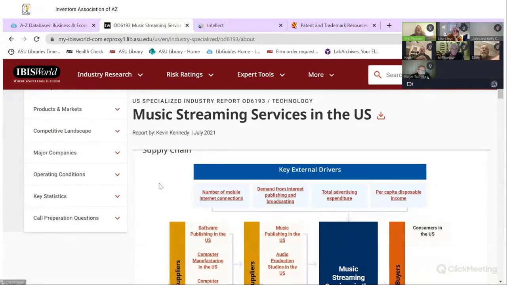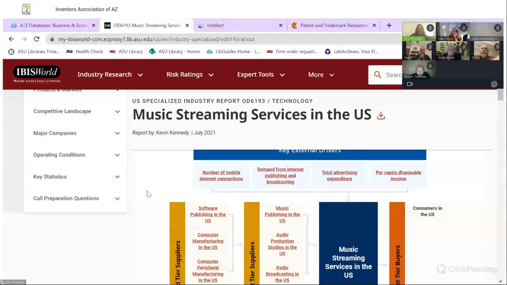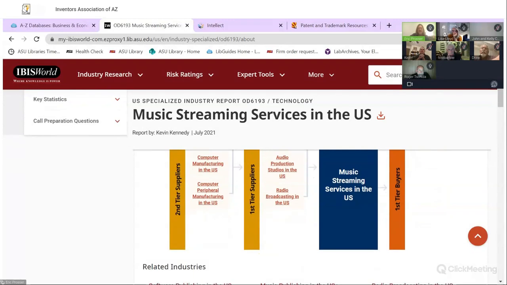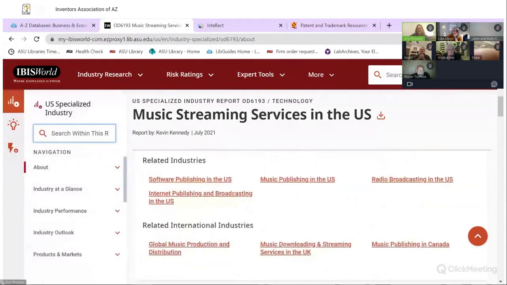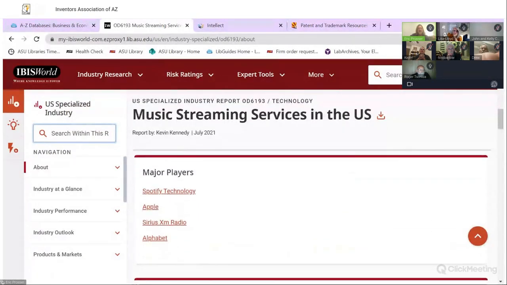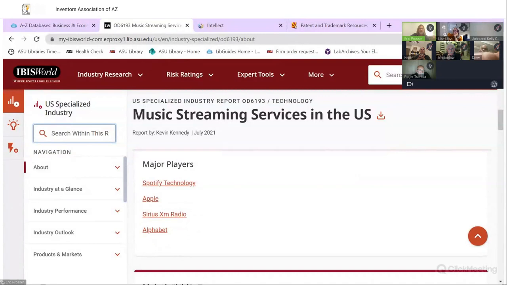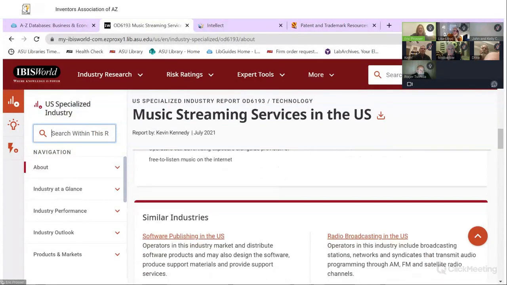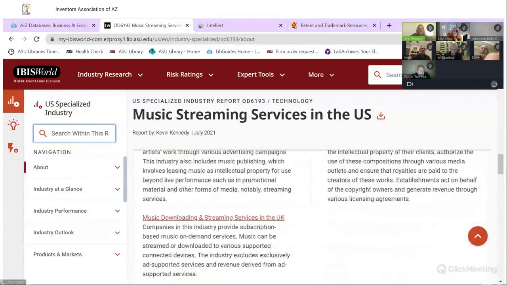So if you're in this industry, you can look at what's going on downstream, what's going on upstream, what are the type of environmental pressures that are out there on the industry, where are things going. It gives you things internal to the database, so related industries, both domestic and international. It gives you a snapshot of the major players, a summary of the industry, and obviously more information here.